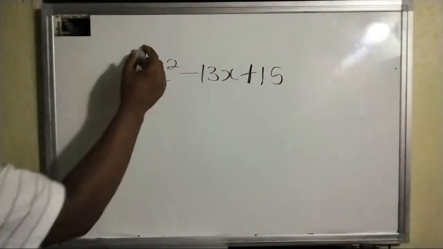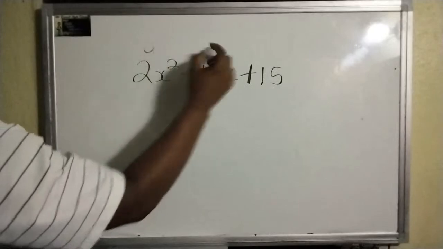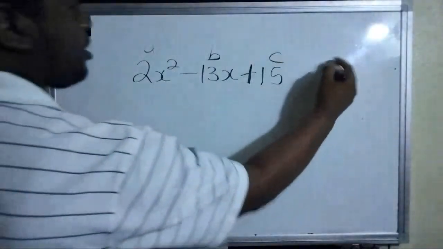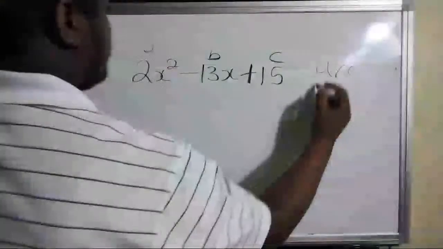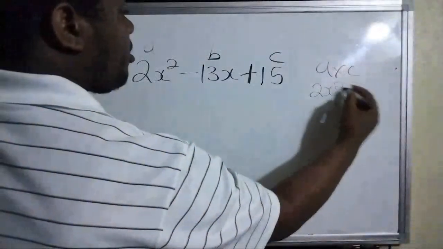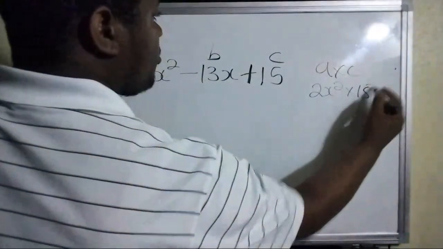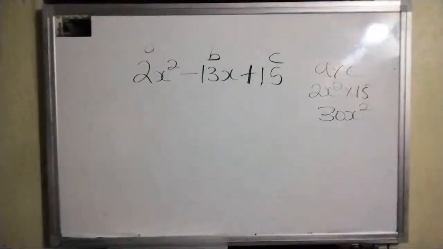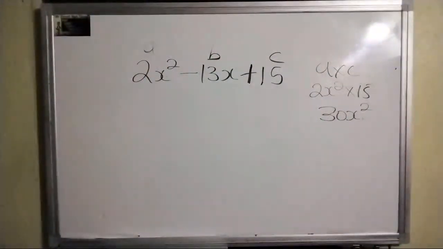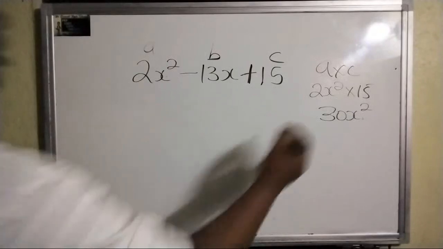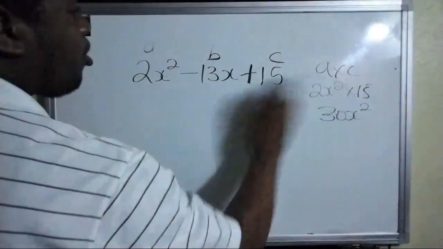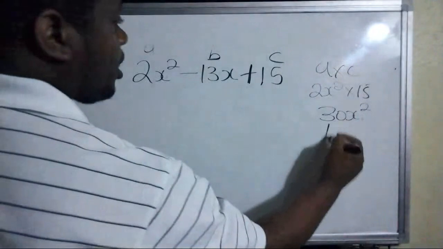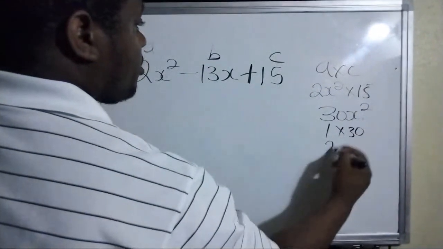Alright? So it's a, b, c. So it's a times c, right? And it's 2x squared times 15, which is 30x squared. Both of them are positive, right? So we can just list the factors of 30.